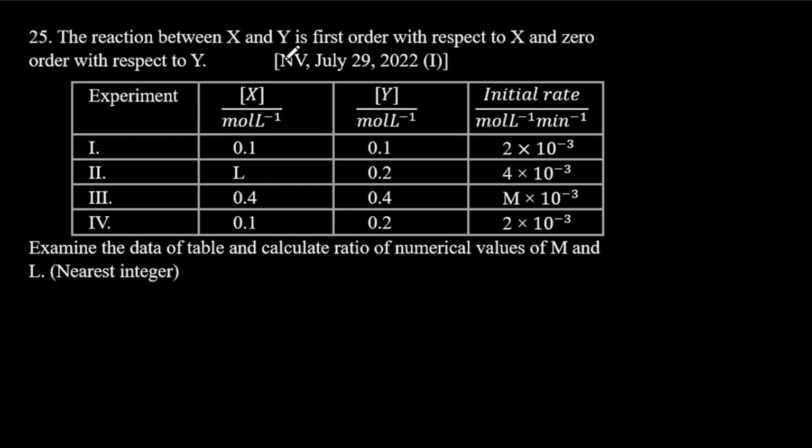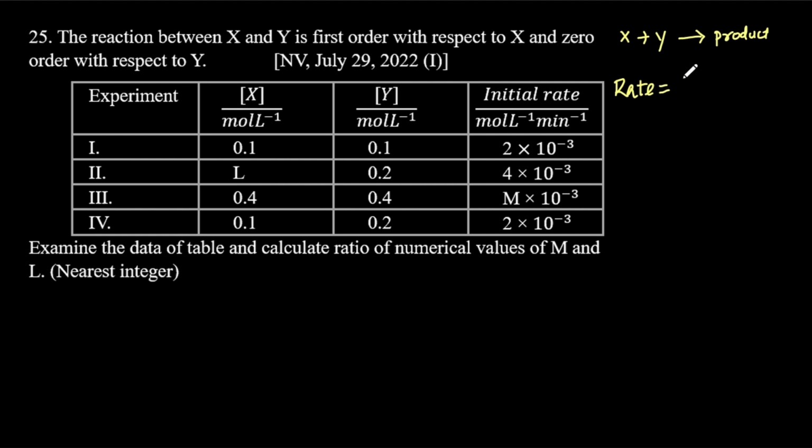The reaction between X and Y is first order with respect to X and zero order with respect to Y. So, the question given is X and Y both are reacting to give the products. So, we can write the rate law.